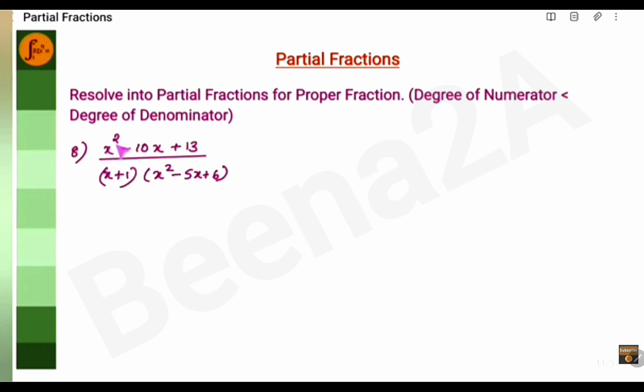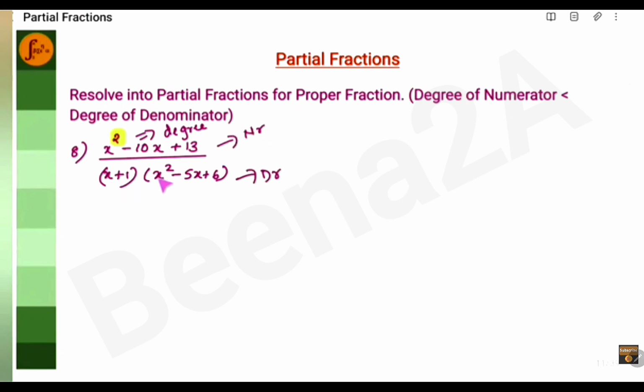Degree is nothing but power of x, right? Here the power of x is 2. Here the power of x is 1, right? Here there is no x. But the highest power of numerator, what is the highest power of numerator? 2. So this 2 is the degree of numerator. So I would call this numerator and this denominator. Now what is the power here?